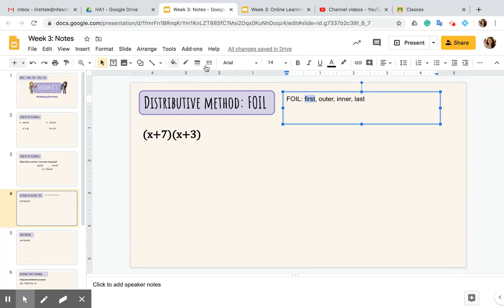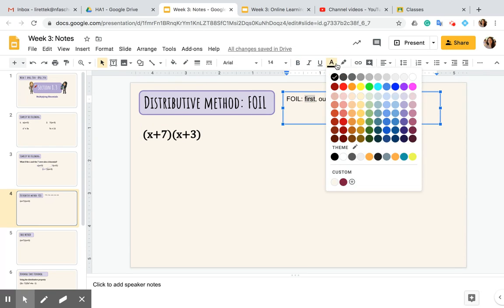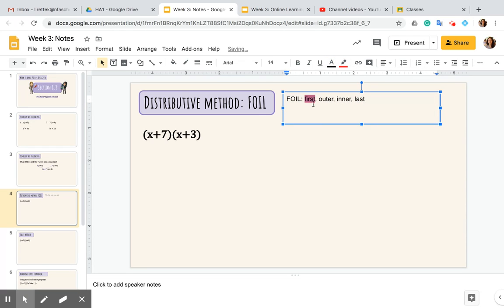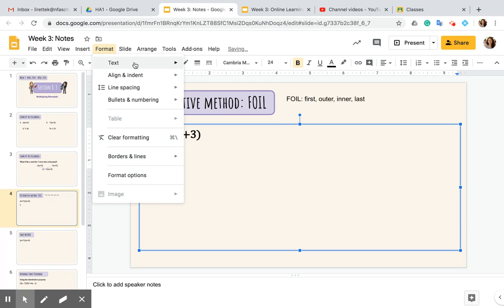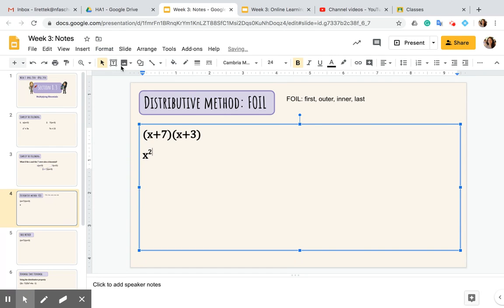So what FOIL is telling us to do, I'll try and color code things as I go, is take the first terms in each of the binomials, this term, and multiply them together. So if I take the first 2 terms, x and x, that's going to give me x squared.